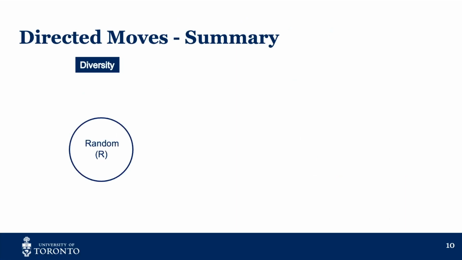We proposed multiple directed moves. I will not go into the details of their algorithms right now, but here is a summary of them. We preserved the random moves that were already in VPR, different versions starting from VPR 1 up to 8, to ensure diversity in our solution.